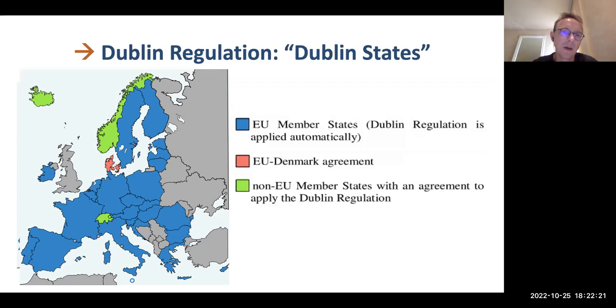So you can now see that we have 31 different countries that are so-called Dublin states. We are not only talking about EU states, but we do talk about Dublin states because it's including also countries like Norway, Switzerland, or even Iceland, inside the consideration of the Dublin. They all adopt the same Dublin system. Okay.